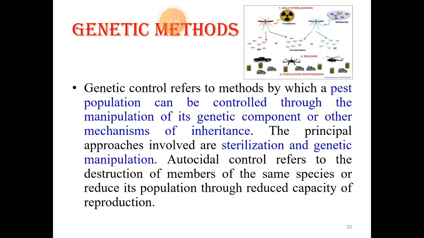The next method of IPM is genetic control methods. Here, the genes are manipulated to induce sterility in the insects. So, we are going to bring in sterility in the insect population that will affect the inheritance mechanism or pattern in them.